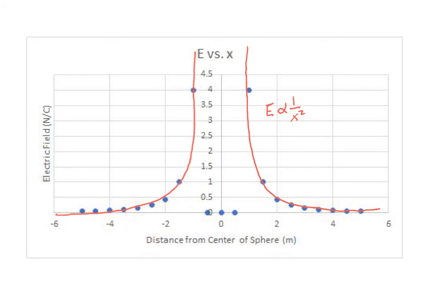But as soon as I hit the radius of my sphere, which as you can see here is 0.5 meters, my electric field immediately drops to 0. That is how I figure out the radius of my sphere, and I can also use this to figure out that this is an electric field versus distance graph.